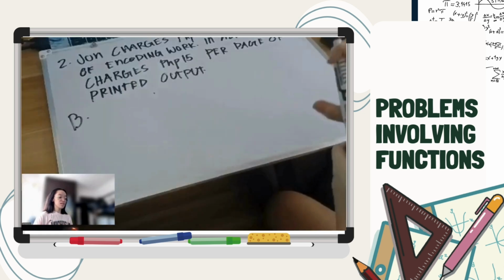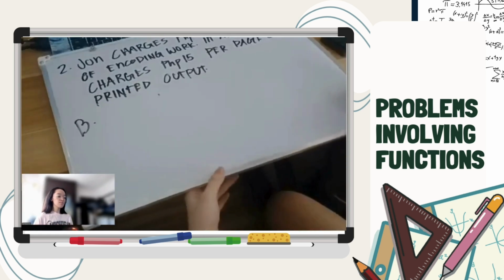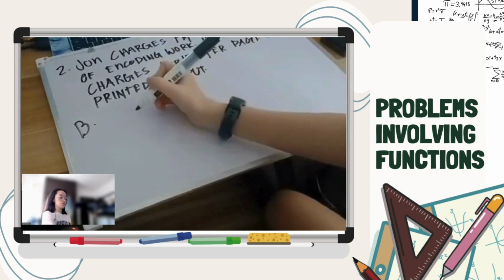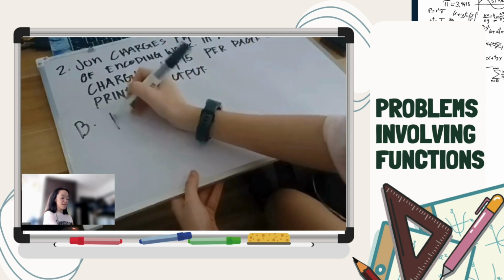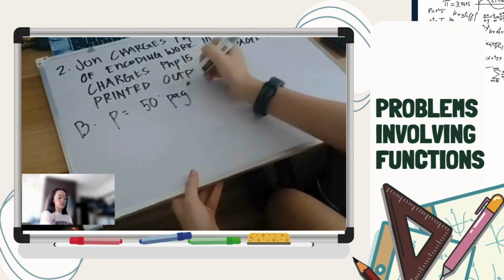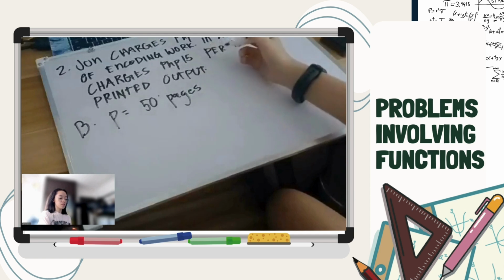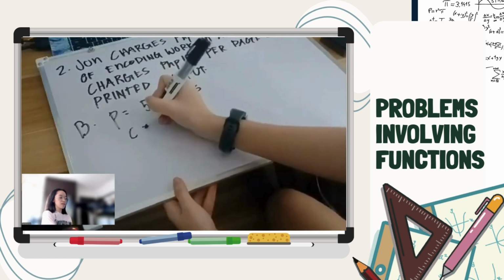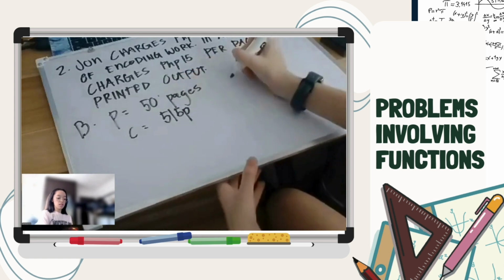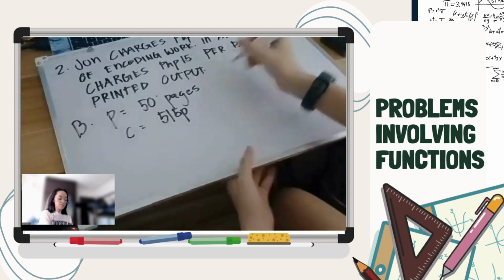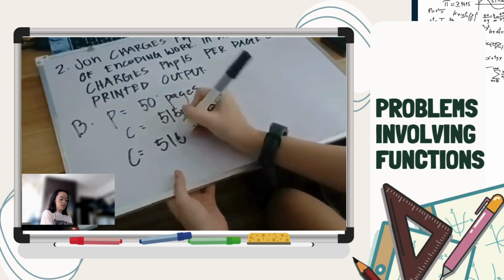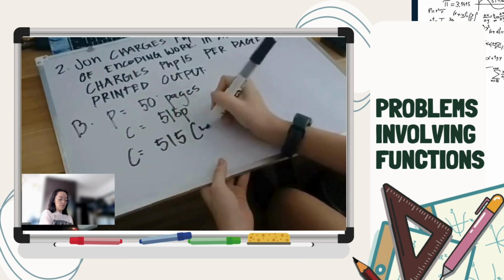Let us focus on letter B, which says how much will John charge for 50 pages of encoding and printing output. So let P equal 50 pages because in the question it says 50 pages, and let C equal 515P. Now let's solve it here. C equals 515 times 50 pages.